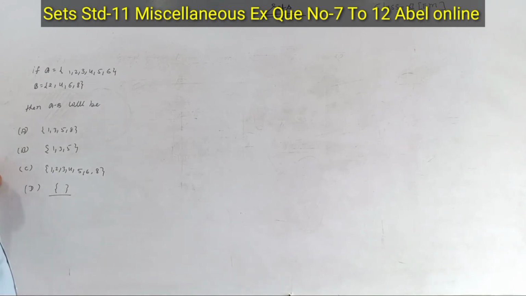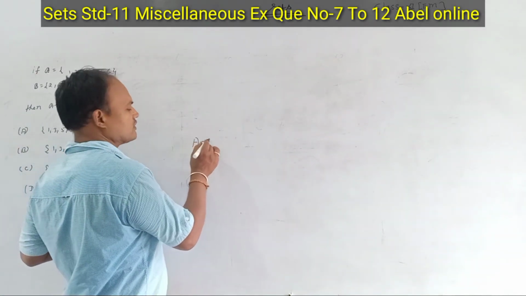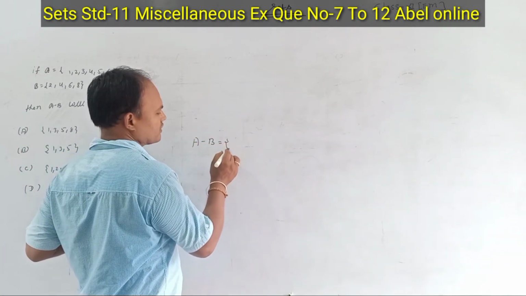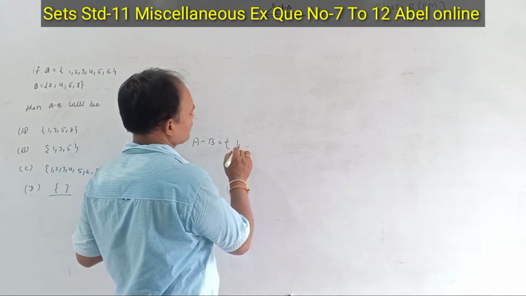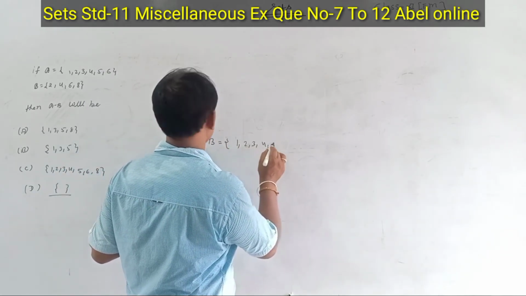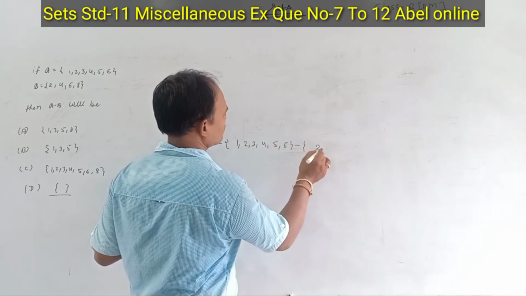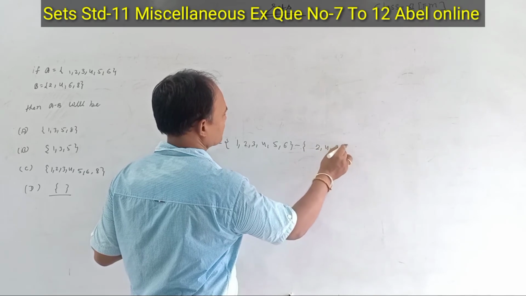So what is the value, and how can we solve this question? It is very easy to find A minus B, where A is 1 2 3 4 5 6 and B is 2 4 6 8.